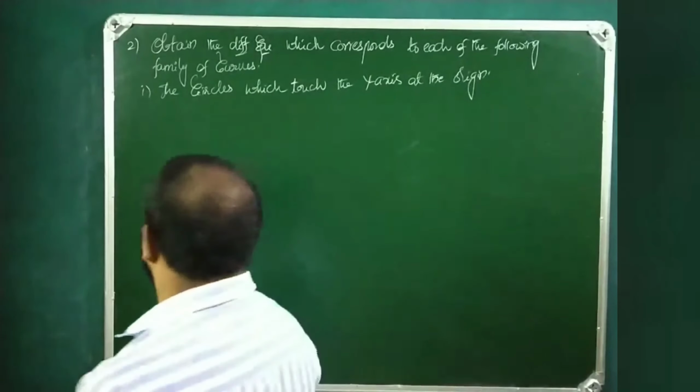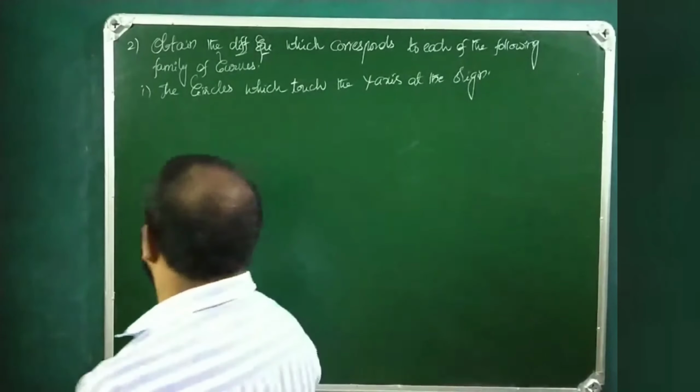Now differentiating with respect to x once: the derivative of x square is 2x, y square is 2y dy by dx, 2gx gives 2g, and y gives 0, equals 0. If you take 2 as common and transpose to the other side, 0 by 2 is 0. So directly I have cancelled like this. Now x plus y dy by dx plus g equals 0, or g equals minus of this.